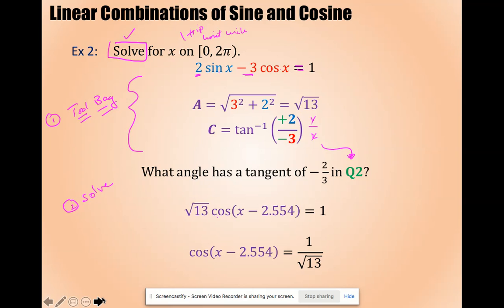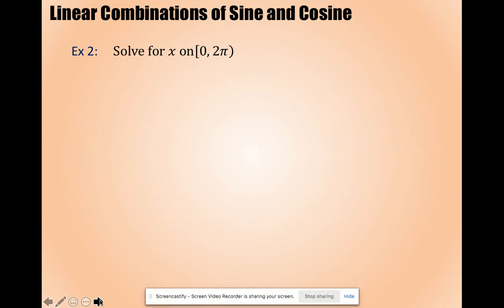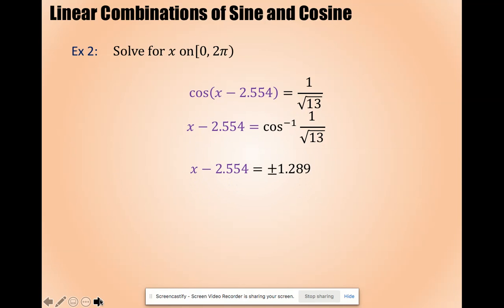Start to isolate cosine. Divide both sides by root 13. Inverse cosine both sides. Why do I have this? Because the inverse cosine might be in which quadrants?